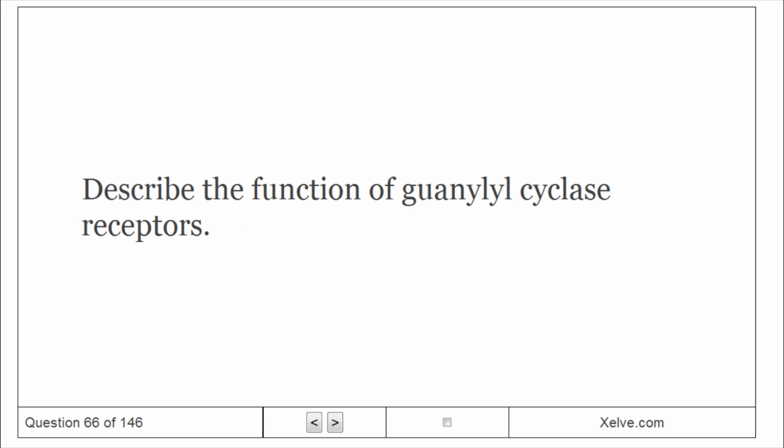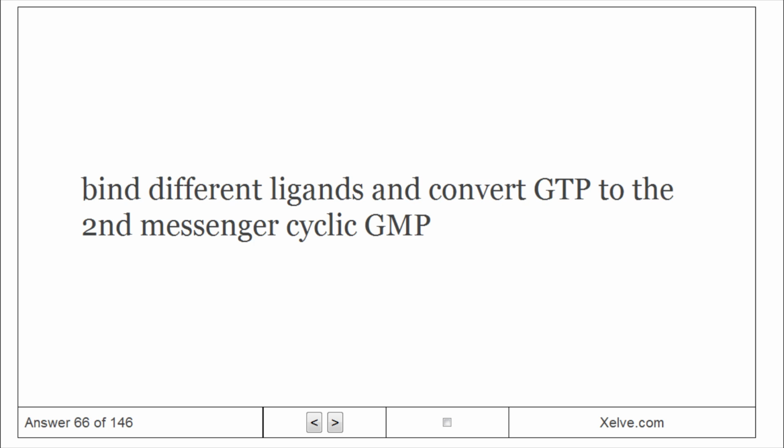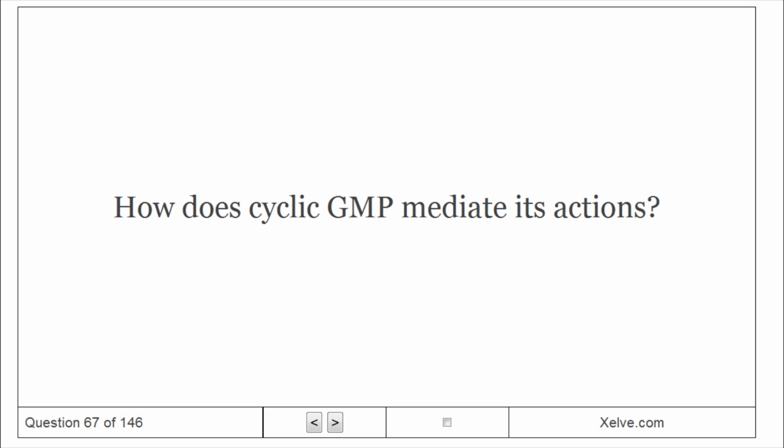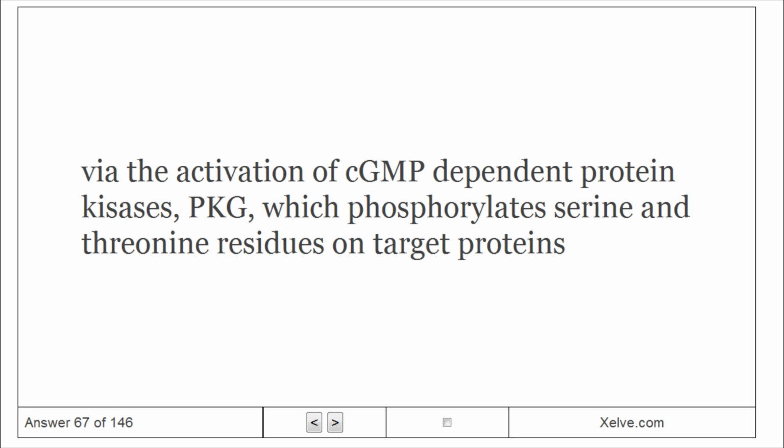Describe the function of guanylyl cyclase receptors. Bind different ligands and convert GTP to the second messenger cyclic GMP. How does cyclic GMP mediate its actions? Via the activation of cGMP-dependent protein kinases (PKG), which phosphorylate serine and threonine residues on target proteins.